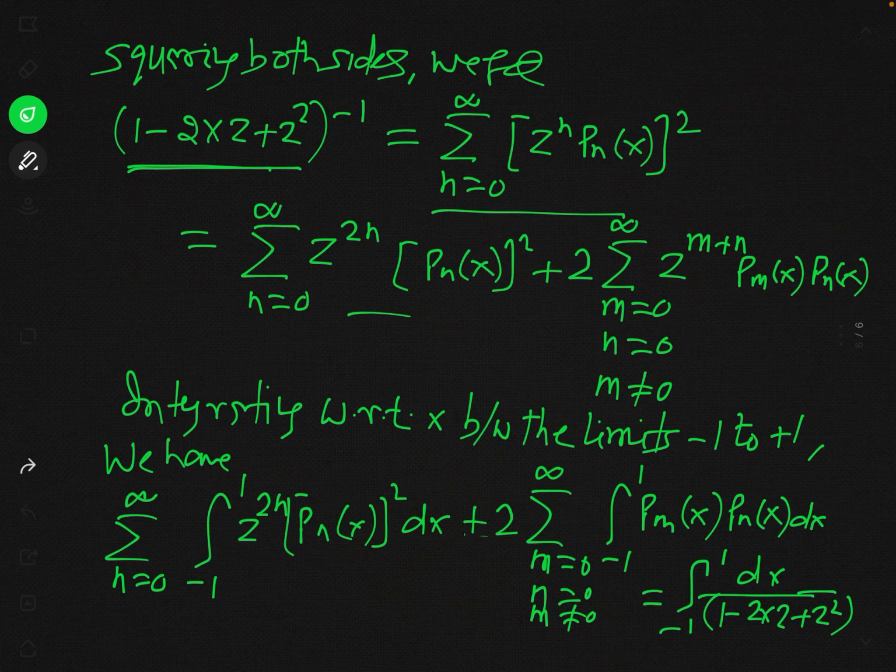Now this second integral, if m is not equal to n, you have seen in the first part of the orthogonality property that this integral of the cross term will vanish.